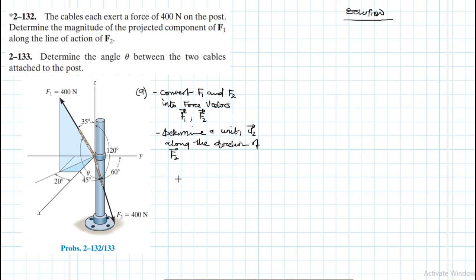Since we have been asked to find the component of F1 onto F2, it's like we are projecting F1 onto the axis where F2 is. For us to do that, we first find the unit vector along the direction of F2, and then we dot the two vectors.